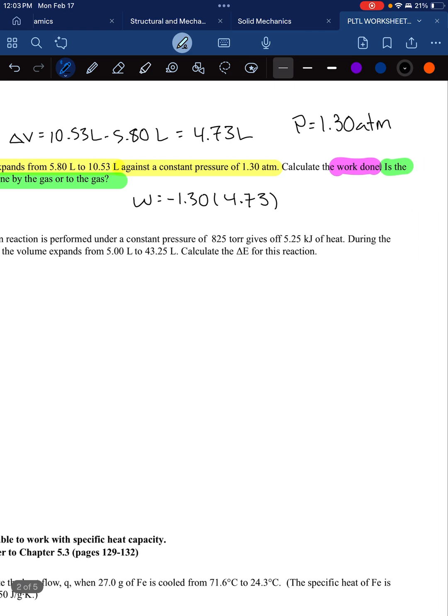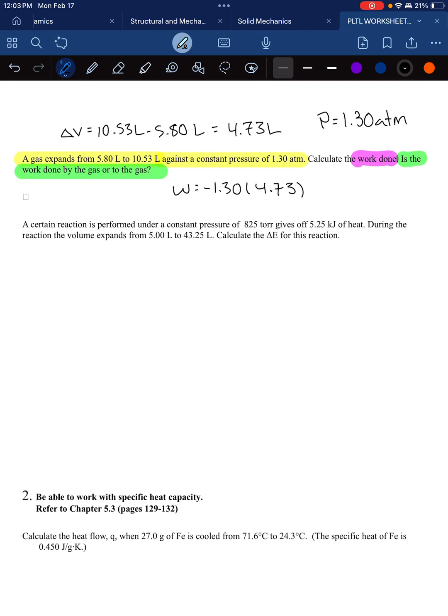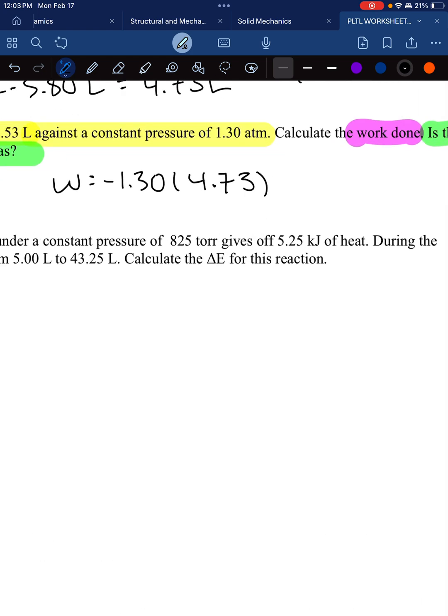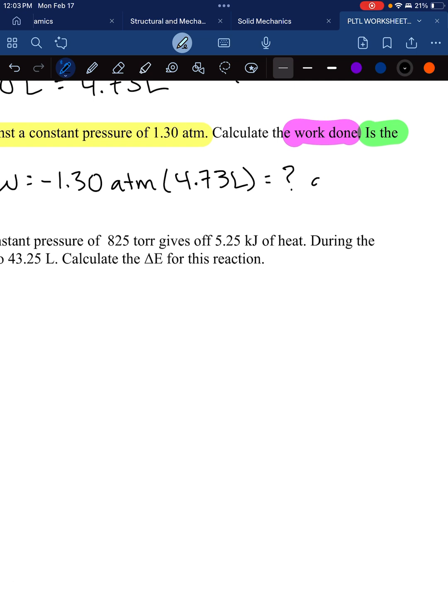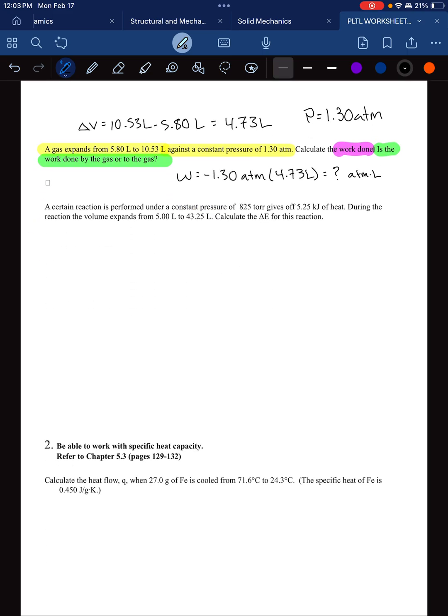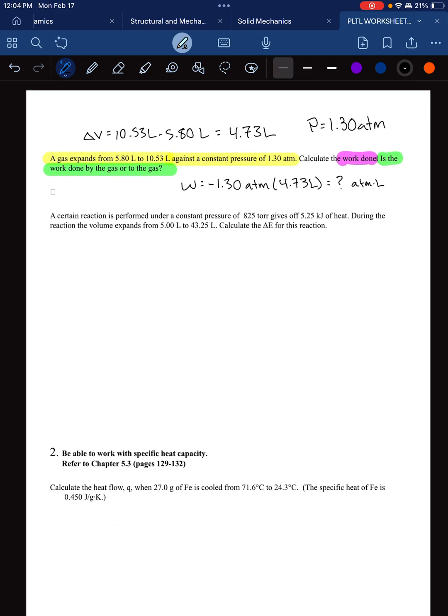But will that give us, well, it will give us our work done. But the issue is, if you do this, and actually let me just erase this to prove this point, you'll end up with some answer in atm liters. And in this class, while that is a work unit, we prefer our answer to be in joules.